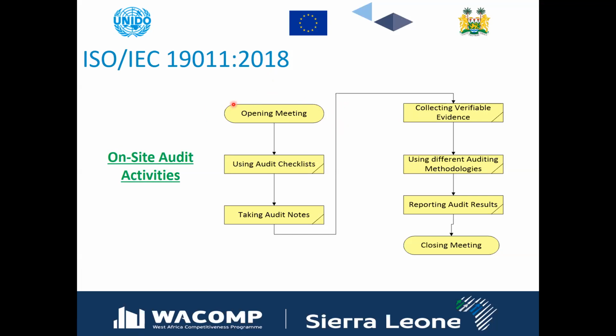After this opening meeting, the audit plan that has been shared before can be reviewed, and if the auditee requests some changes to the audit plan without hampering the overall schedule, then the lead auditor accepts those changes.